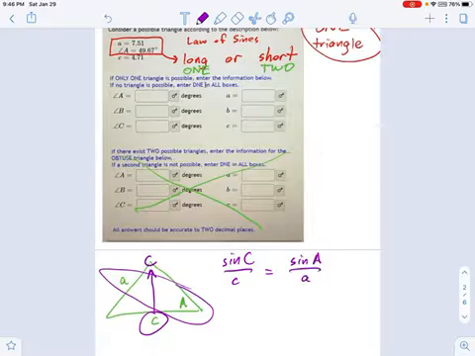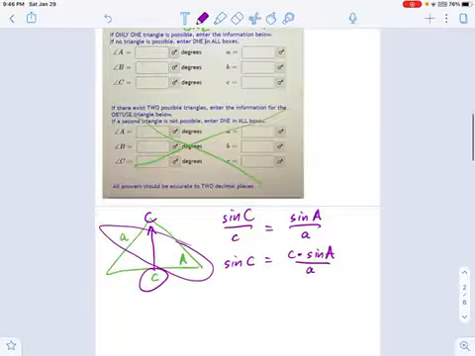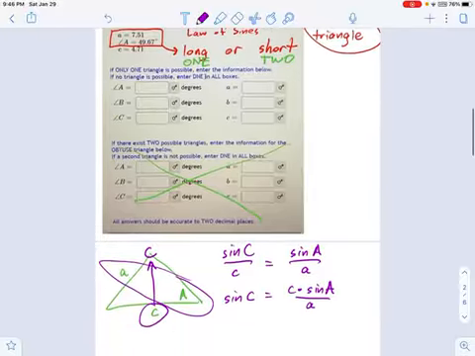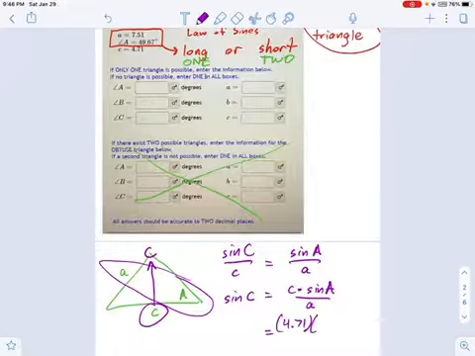And now, since I know what little c is, I'm looking for angle C. So I'm going to rearrange this and say sine of C equals side c times sine of A over little a. And those things I do know. I know that side c is 4.71. I know that sine of A is the sine of 49.67 degrees.